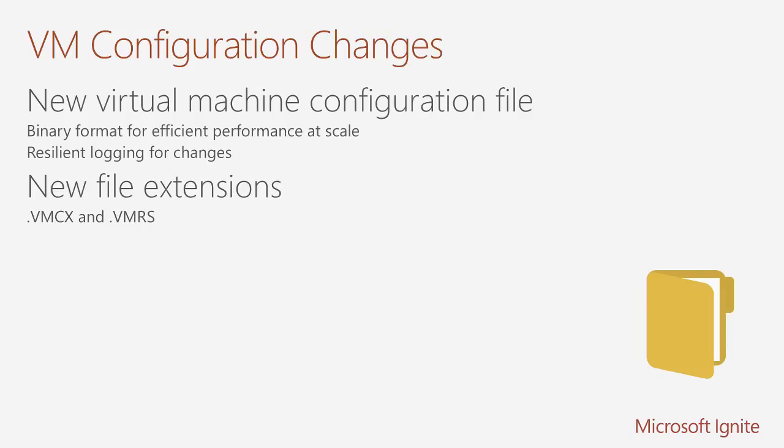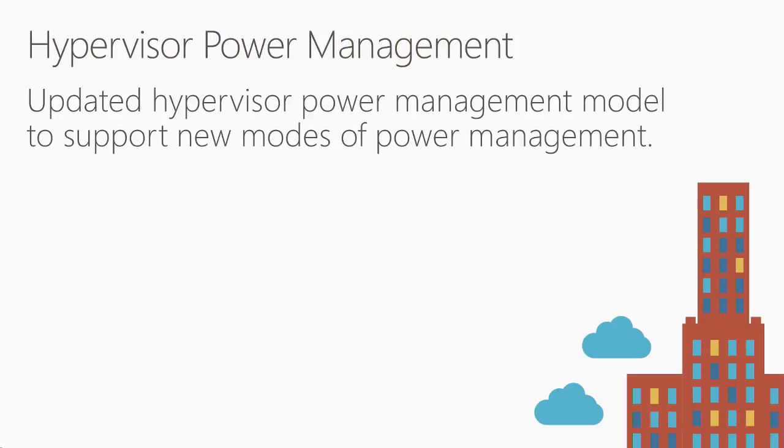We've made changes to the way virtual machine configuration files are stored. I am running out of time, so I can't go through the details as to why. Just know that there's a different file extension. So instead of having the .xml and the .bin files, we now have the .vmcx and the .vmrs. I believe this is second last.